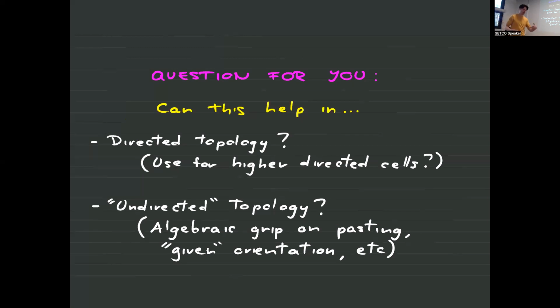The other question is, one thing I've found by using these structures and also working on their implementation is that this direction data is actually helpful even if eventually you want to do undirected things, because, as I've tried to demonstrate, it gives an algebraic grip on gluing things together.